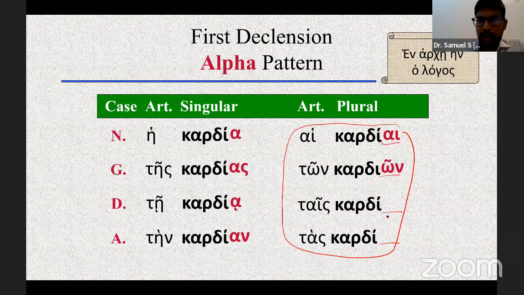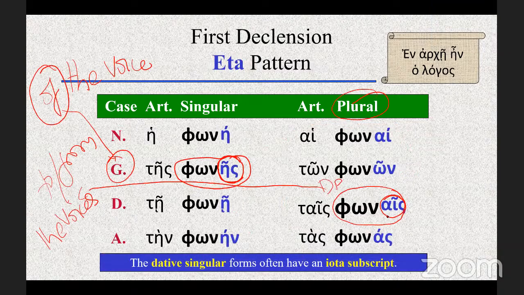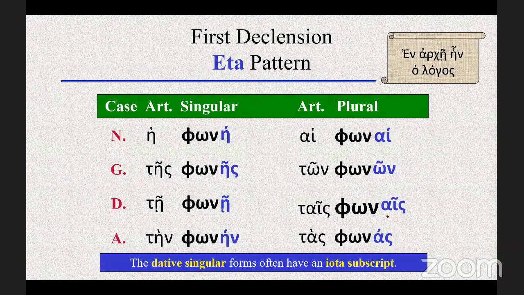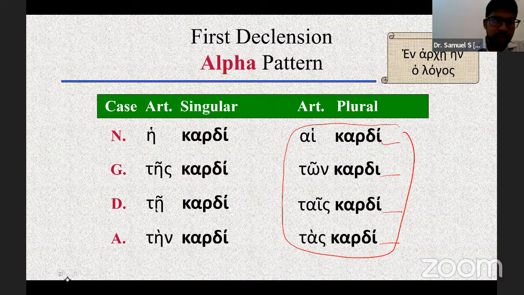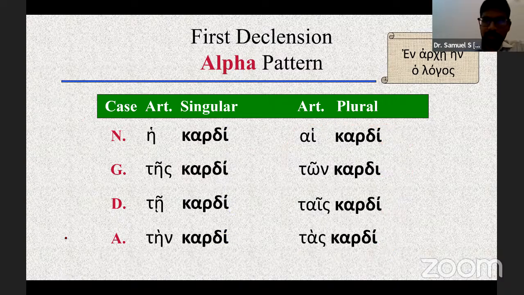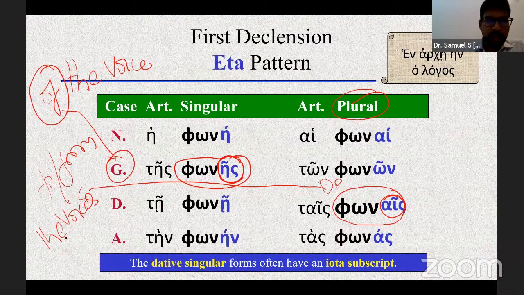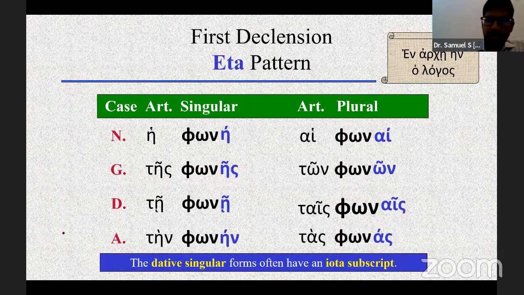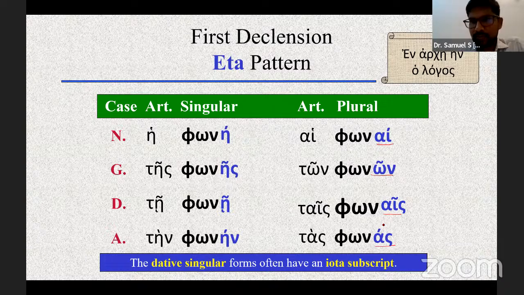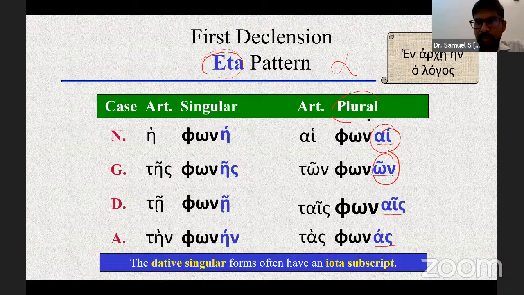And now see the eta pattern. So even in the eta pattern, ai, on, ais, as. The eta pattern and the alpha pattern have the same endings in the plural.